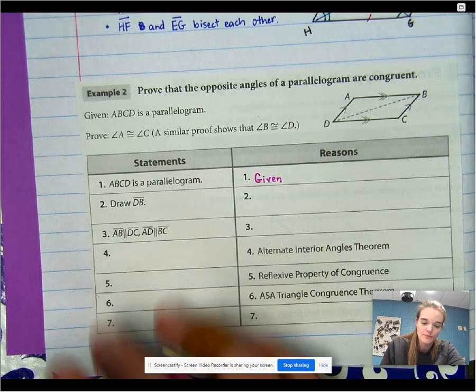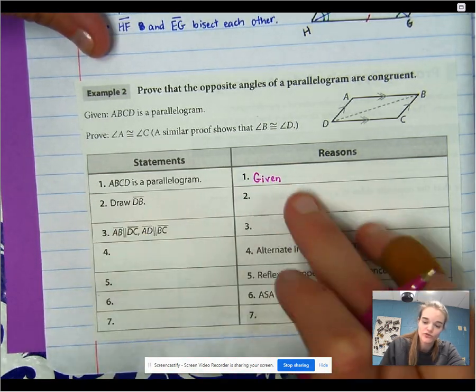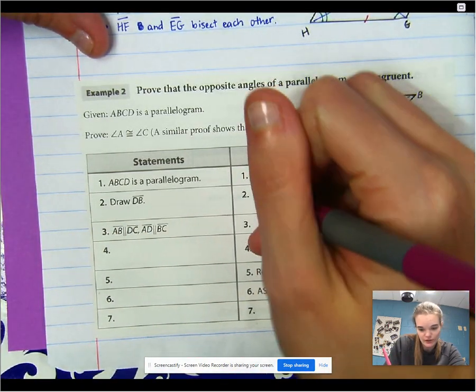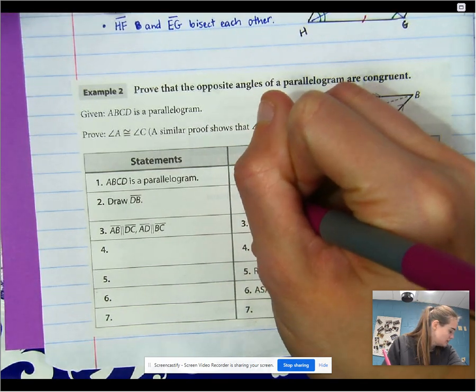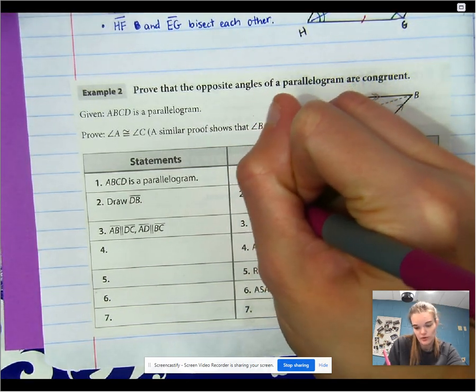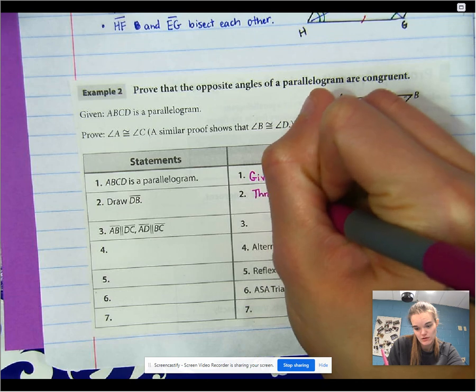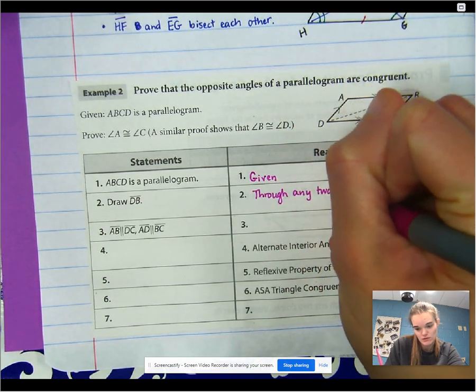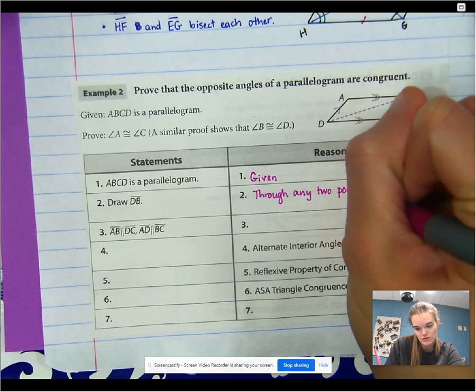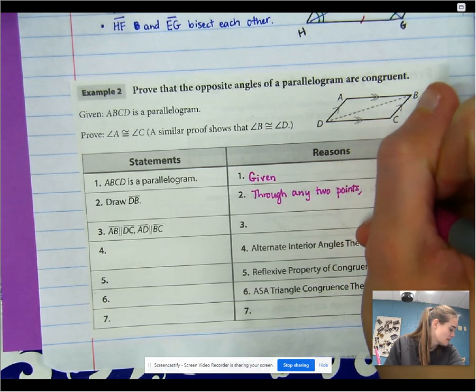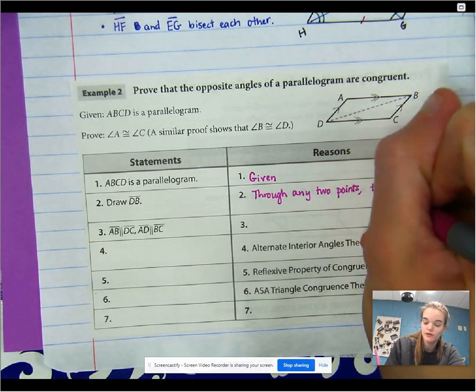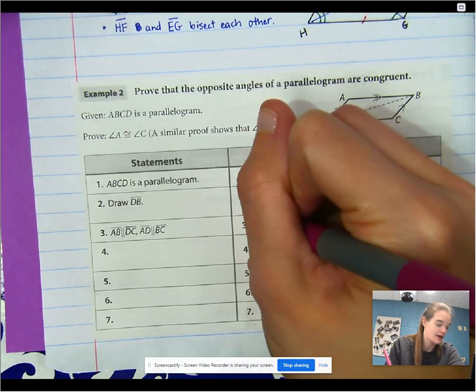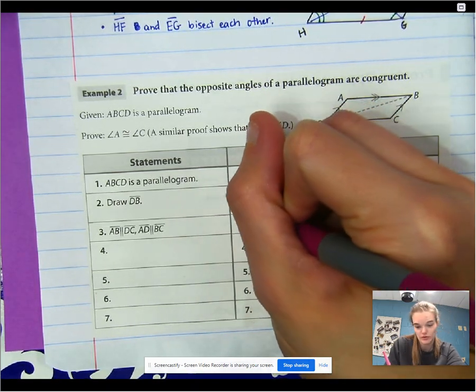So it says draw DB. To say that, what we're going to say is through any 2 points there's exactly 1 line. You always say that if you add a line yourself. That's all you ever have to put.